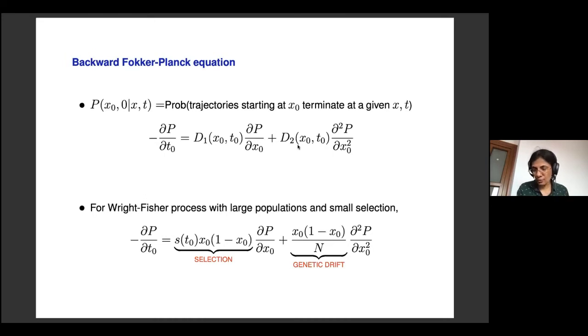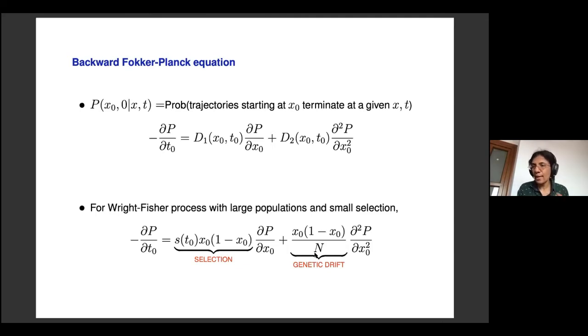For the Wright-Fisher process, one can work out that D1, for instance, if I have logistic growth, is given by x(1-x), the usual standard logistic growth, with a coefficient s. S, remember, I said to you, is the one which characterizes the amount of selection and the type of selection, positive, negative, zero, right? The diffusion coefficient here is coming because of sampling noise.